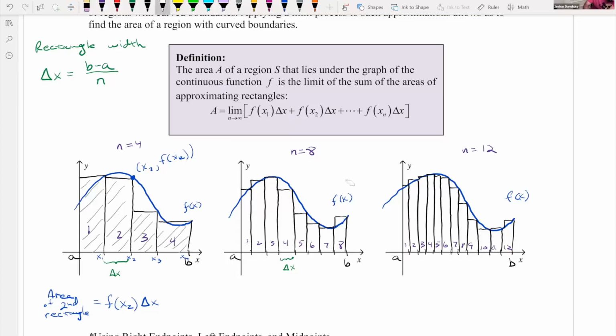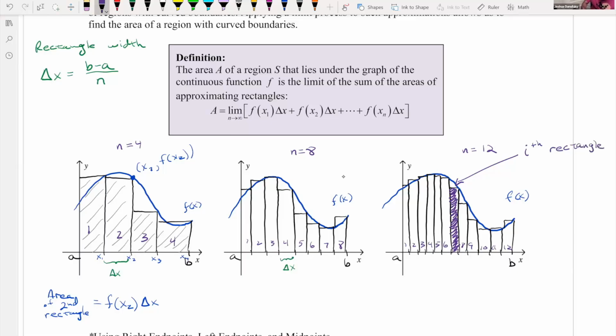Okay, but of course, as we do this for many, many rectangles, for example, in this last one, we will start talking about just an individual rectangle. So let's go ahead and take this one randomly from somewhere inside here, and we call it the ith rectangle. So this right here is the ith rectangle. So i is counting out our rectangles. It starts at 1 and it goes all the way to n.